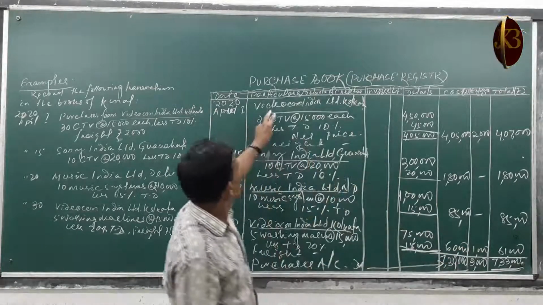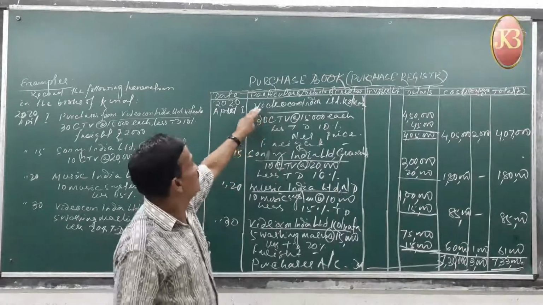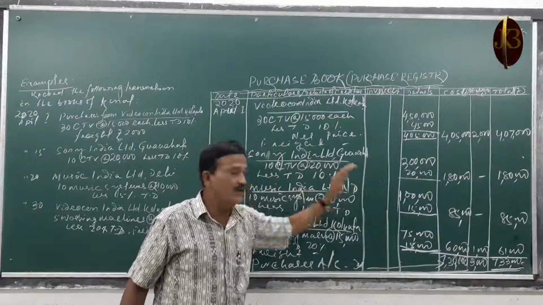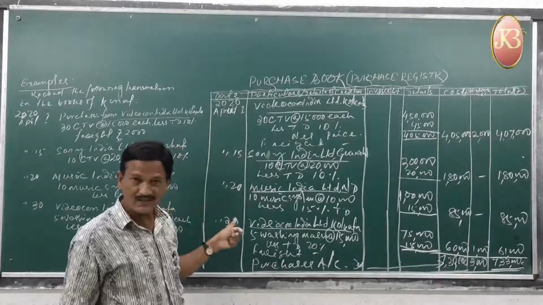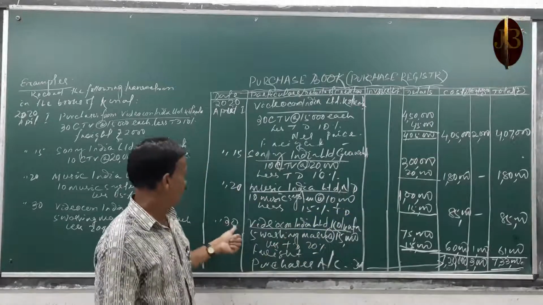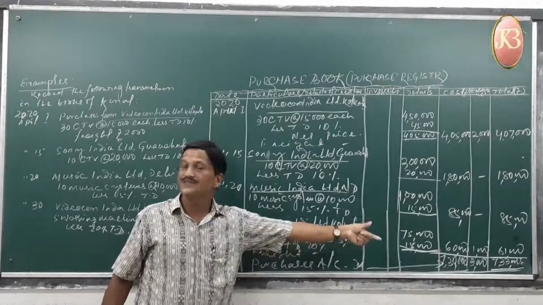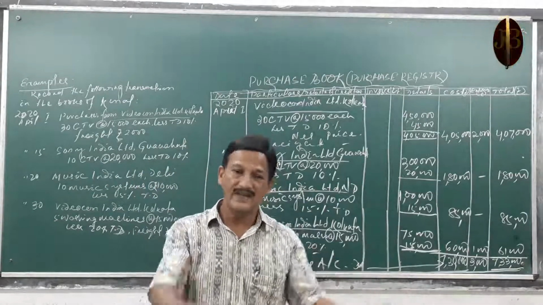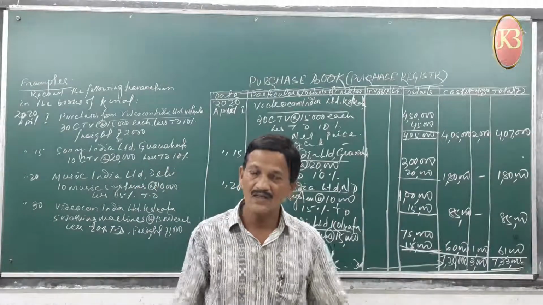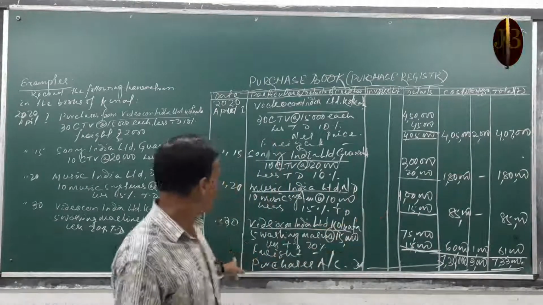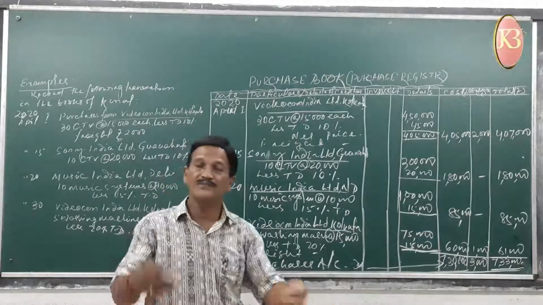You will not be required to write Videocon India Limited 4,05,000, Sony India Limited 1,80,000 date wise, then Music India Limited 85,000, then Videocon again 60,000. This is not required to be written individually in chronological order. So the total amount will be transferred to sundries on April 30 in the purchase account.